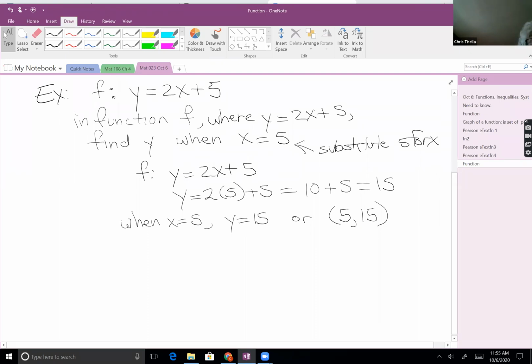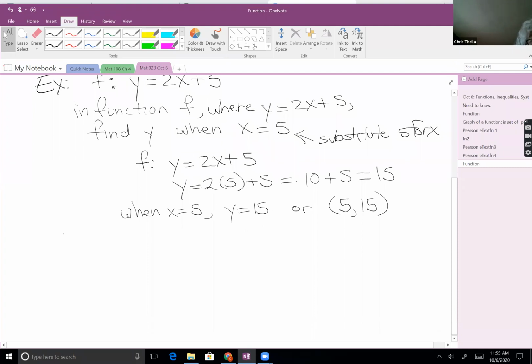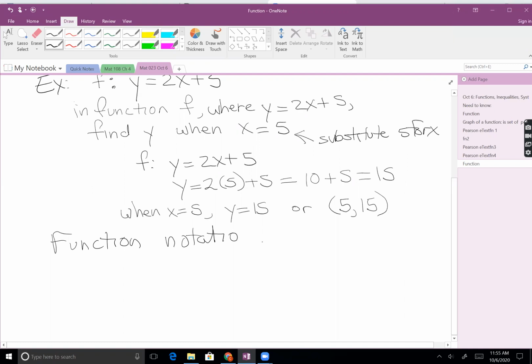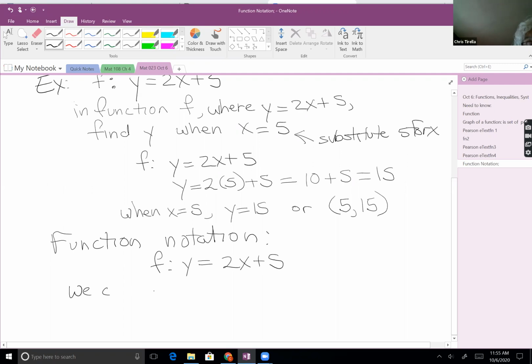And so when we look at the idea of function notation, if I have that function f, which is y equals 2x plus 5, we can write it f with parentheses x.